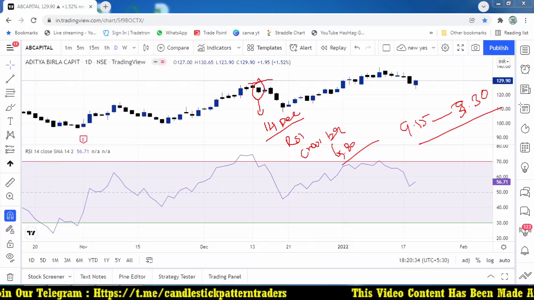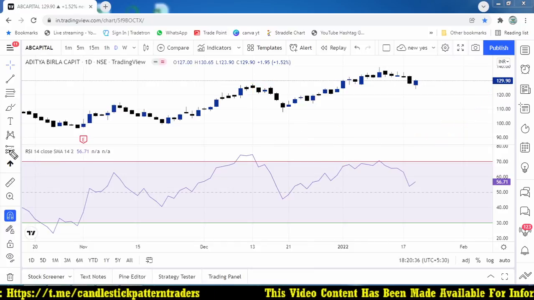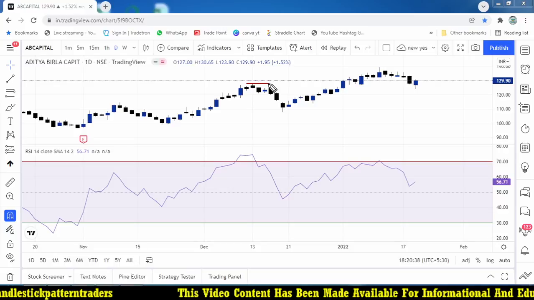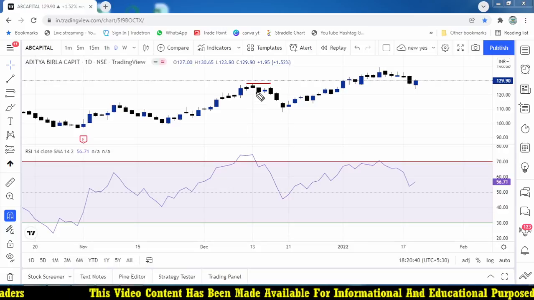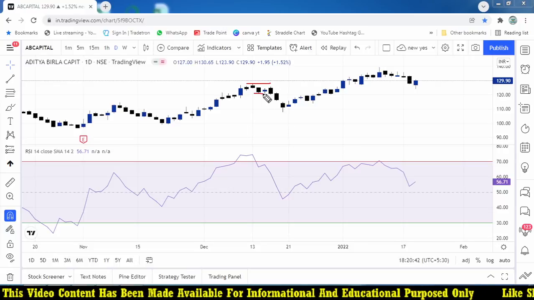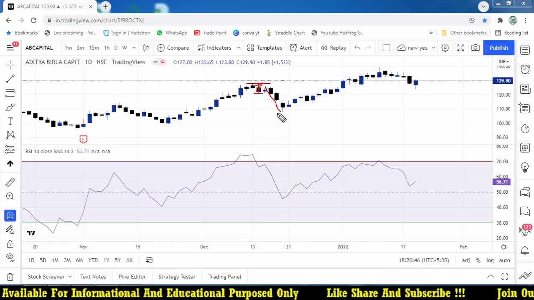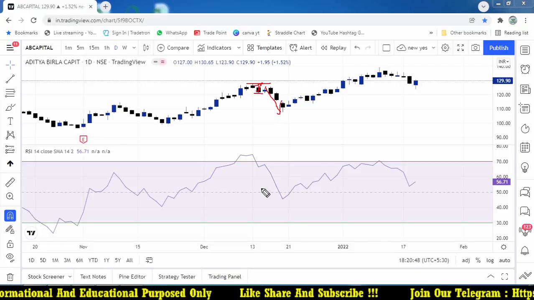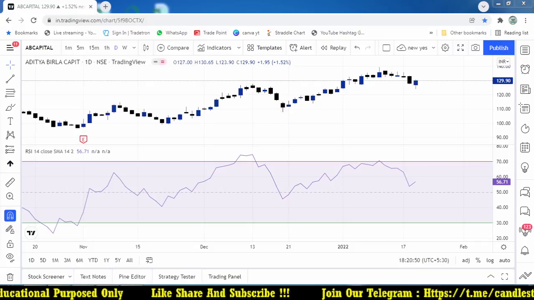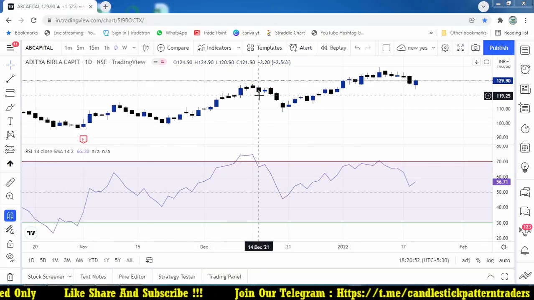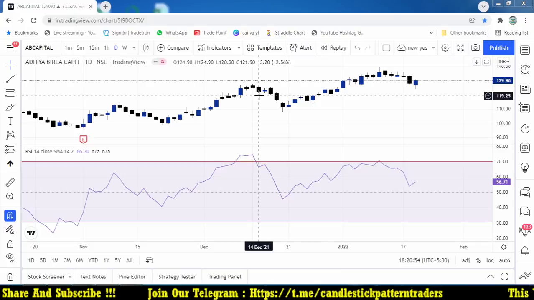It may happen at a swing level only. So this should be your stop loss, or you can keep the swing high and enter in between this candle. Here is your risk, and where the market went down back. The risk we have taken based on the RSI scanner is around 120.9, which is the closing price.